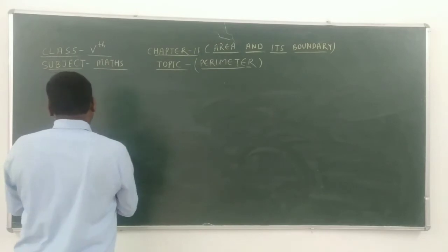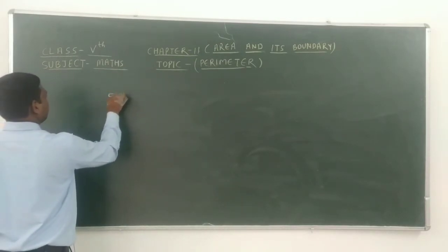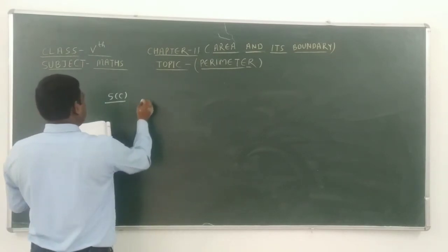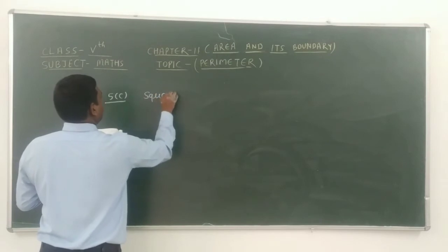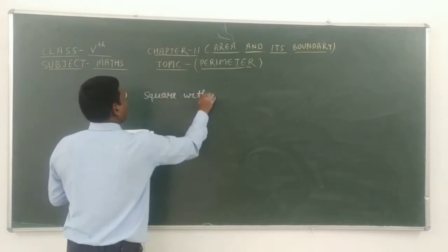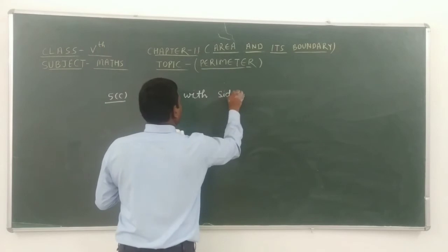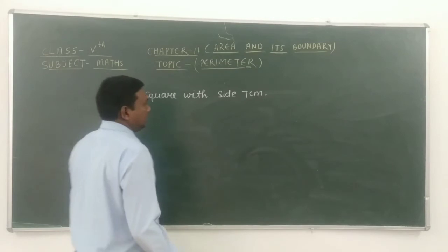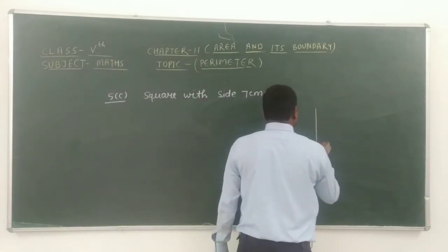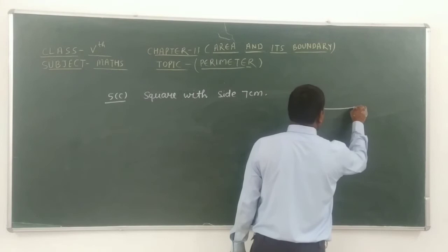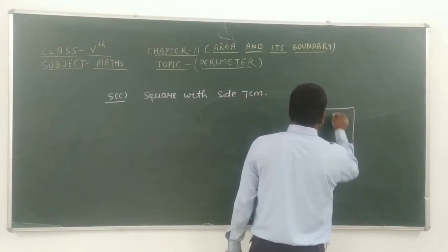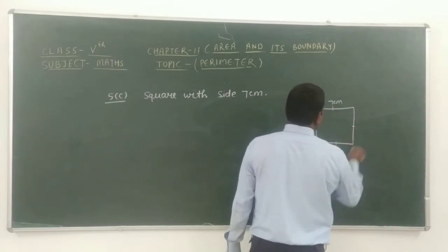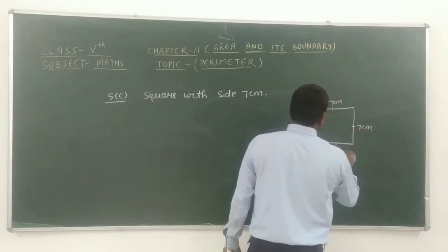Now let's start question number 5 of C. Question number 5 of C is: square with side 7 centimeter. Dear students, suppose that we draw a square of 7 centimeter of side.